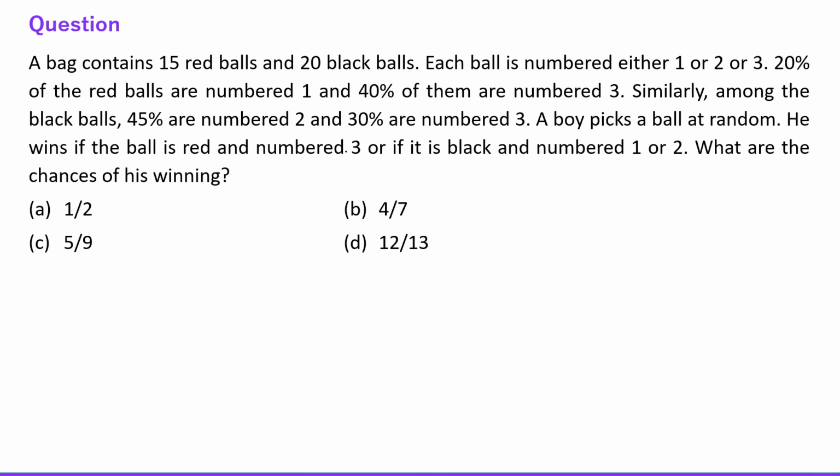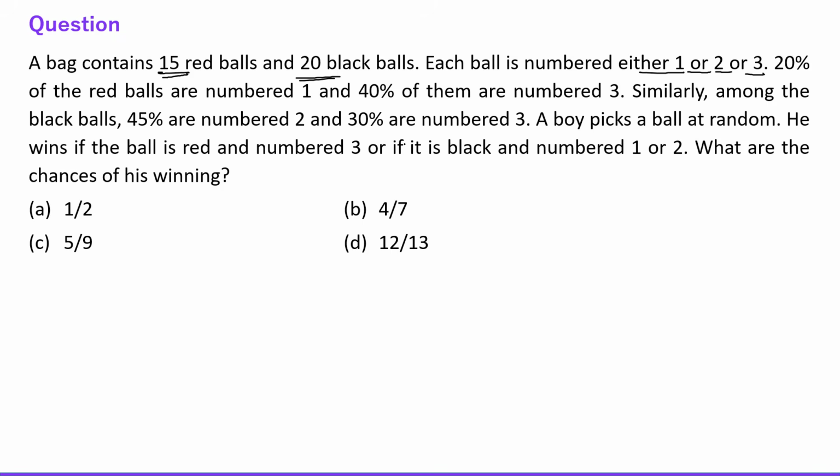Next question says, a bag contains 15 red balls, 20 black balls. Each ball is numbered either 1 or 2 or 3. 20% of the red balls are numbered 1 and 40% of them are numbered 3. Similarly, among the black balls, 45% are numbered 2 and 30% are numbered 3. A boy picks a ball at random.